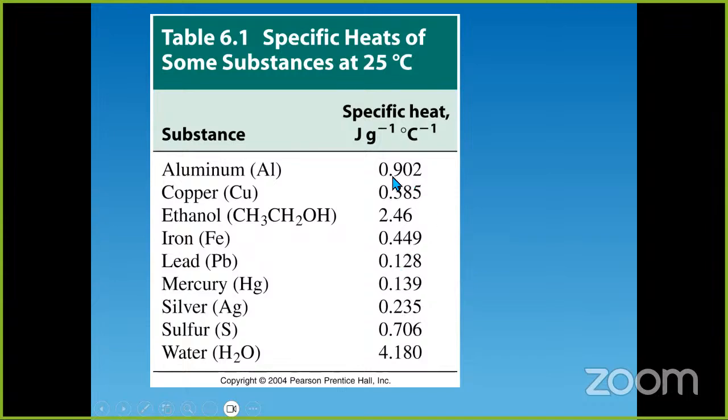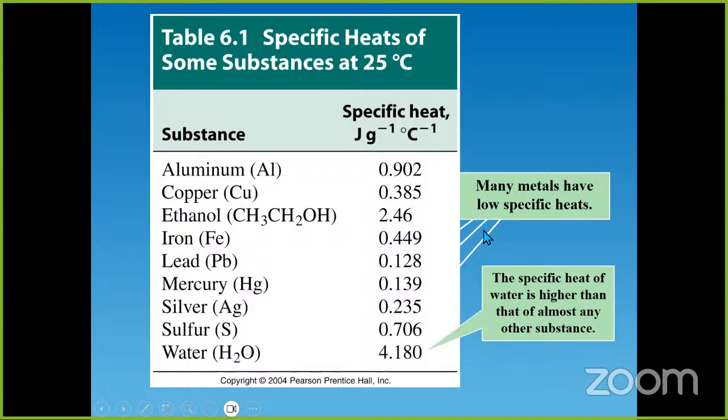Aluminum is actually relatively high, higher than iron, 0.902. So that's the highest among metals, at least the metals that are listed here. Okay, so that's a point I just made. Many metals have low specific heat, and water has a higher specific heat than almost any other substance, again, due to the phenomenon of hydrogen bonding.